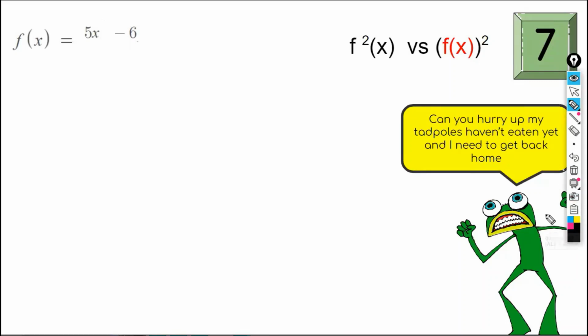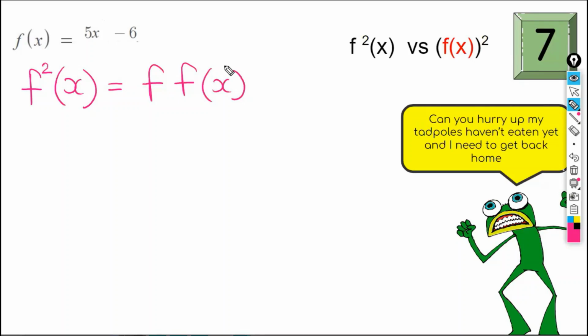And they ask us to find, let's do the first one, f squared x. You notice where that squared is, right? It's hovering over the f. f squared x actually means f of f of x, right? That means I have to give you a value.